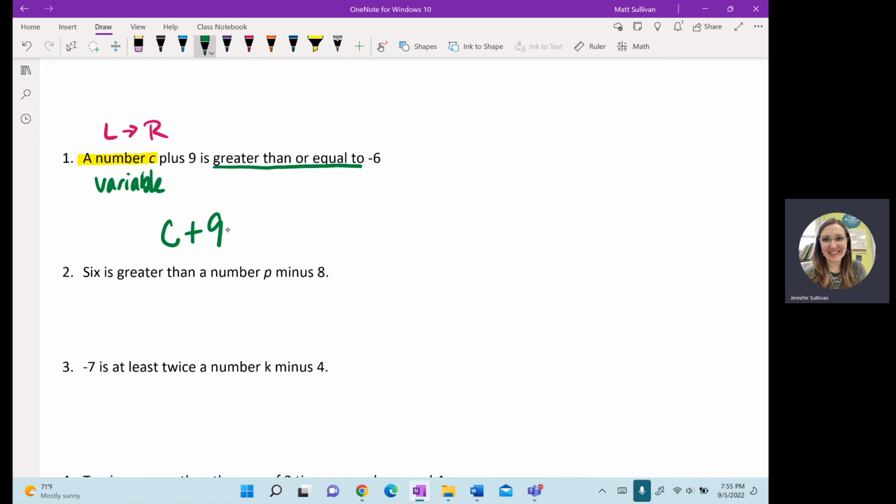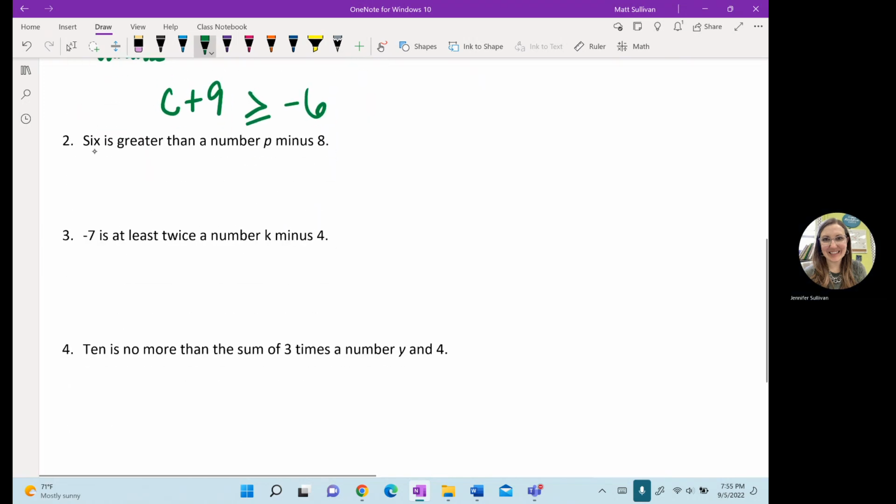Think greater than. If this C plus 9 is greater, is it going to get the point of my inequality, or the alligator mouth of my inequality? It's going to get the mouth. So we're saying that this piece is greater than or equal to. When we have the or equal to, that's when we include the bar underneath the inequality, and then -6. That's my answer.